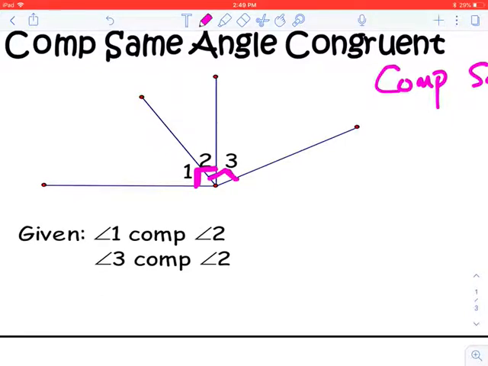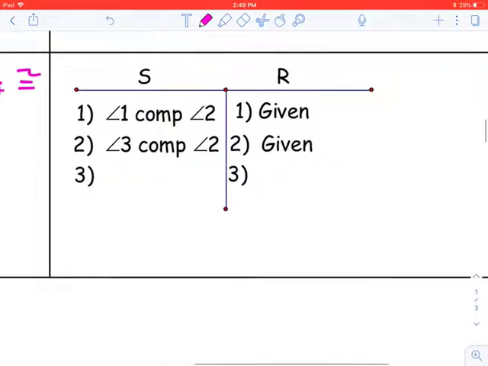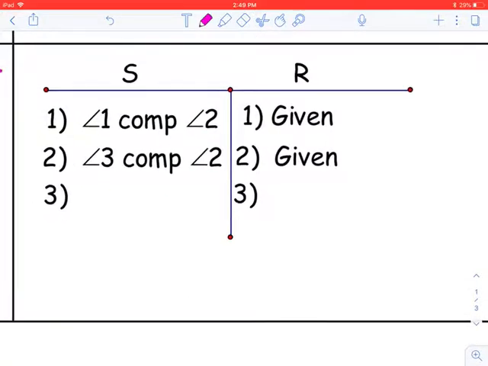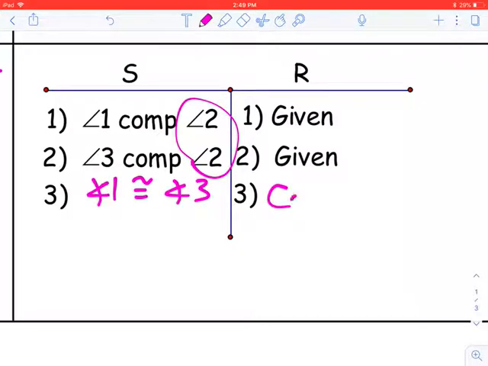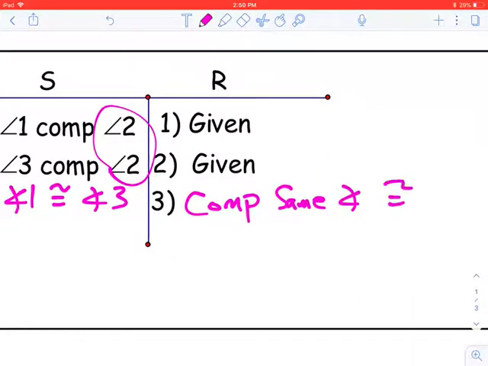So, therefore, since they're both complementary to 2, 1 and 3 have to be the same. Okay? In that case, they were given to us. So, since they're both complementary to 2, angle 1 is congruent to angle 3 because complements to the same angle are congruent. Okay?